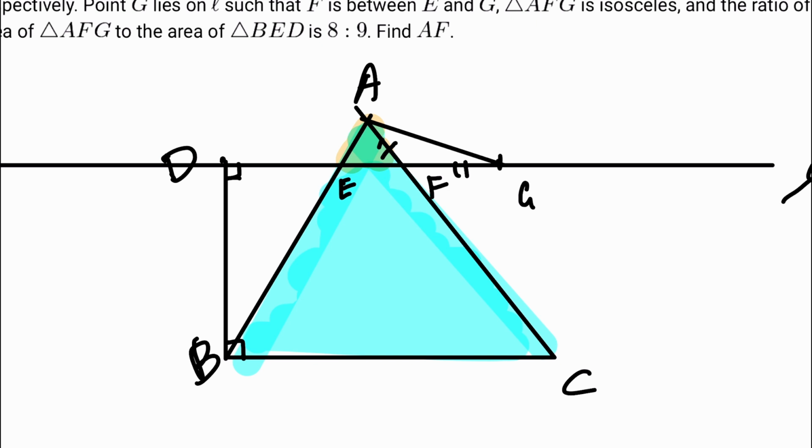So the length of AF is equal to the length of EF, which means that this is half. That means the area of this is equal to the area of this because they have the same base and the same height, which means that, let's say this is 9 and BED is 8.